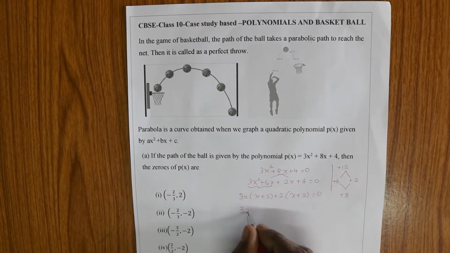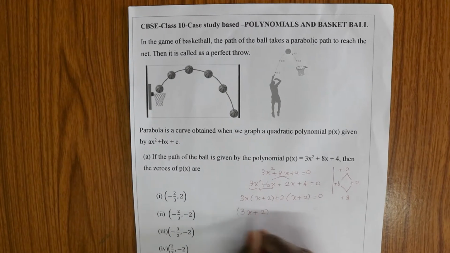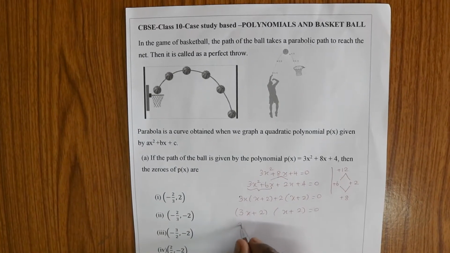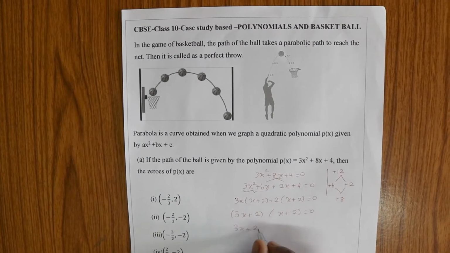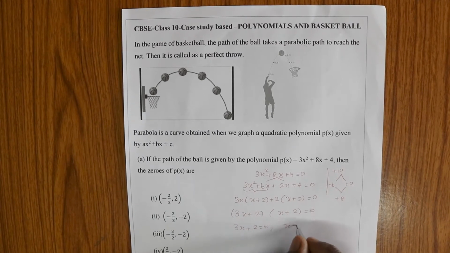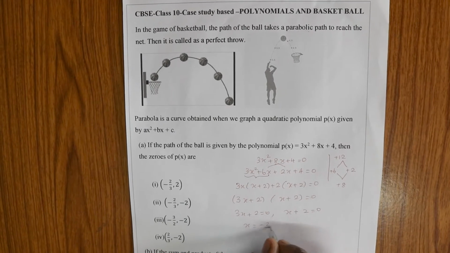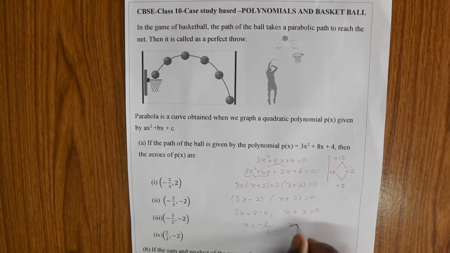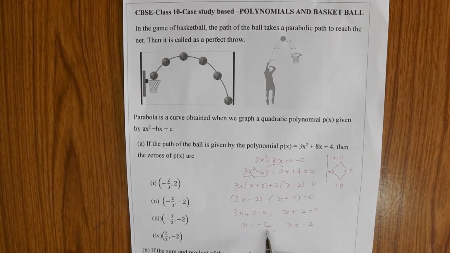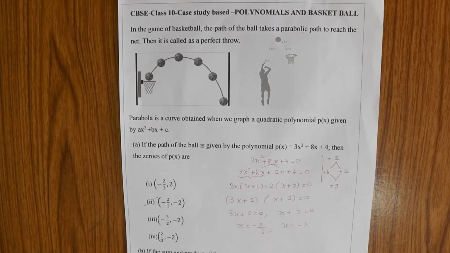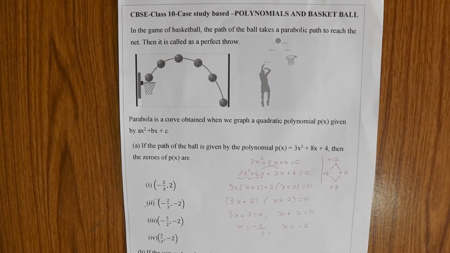So my two factors are 3x plus 2 and x plus 2. Now 3x plus 2 equal to 0, and x plus 2 equal to 0. One value of x is minus 2 by 3, and another value of x is minus 2. These two are the zeros. Where is this option? Minus 2 by 3 and minus 2. So this is the right option. So that's the first one.